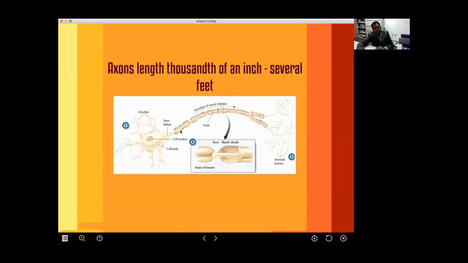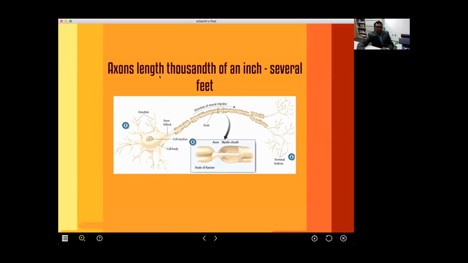And the length of the axon varies from as small as an inch to several feet because they become a part of the nerves. So some nerves carry information very long from one part of the body to a totally different part of the body, like your hands and your extremities.